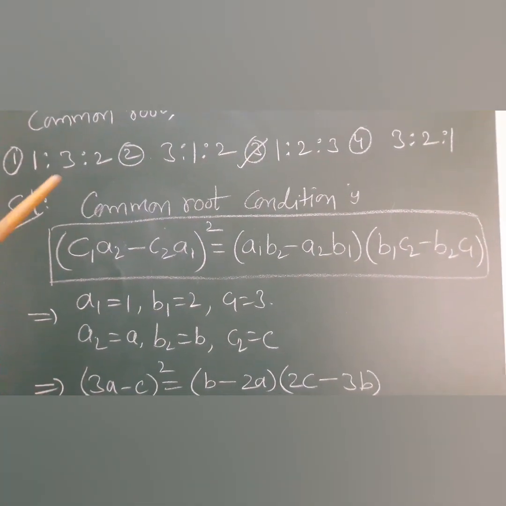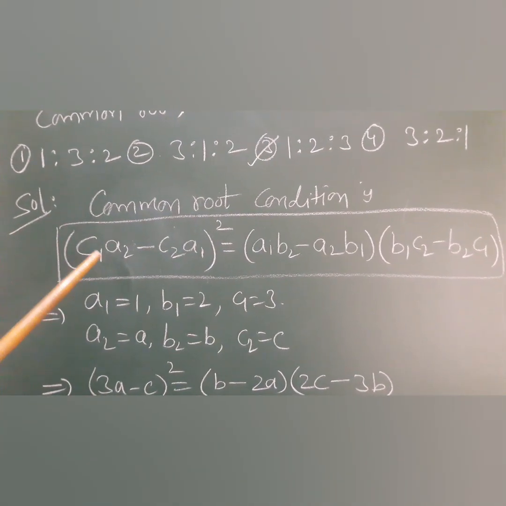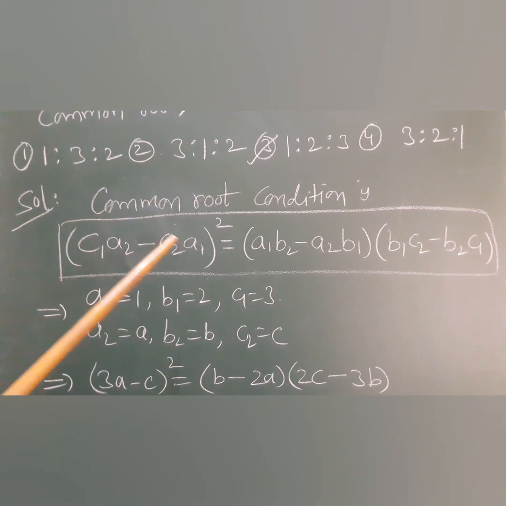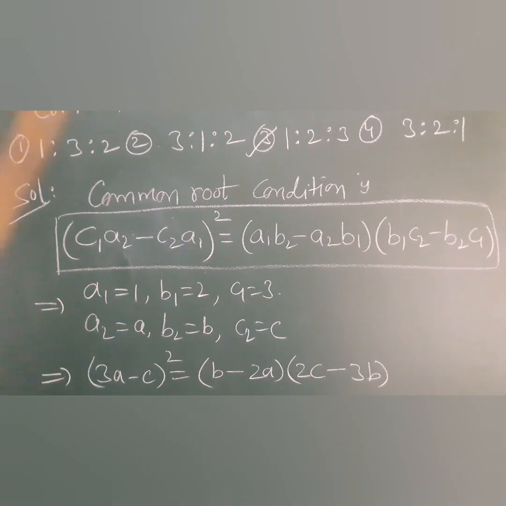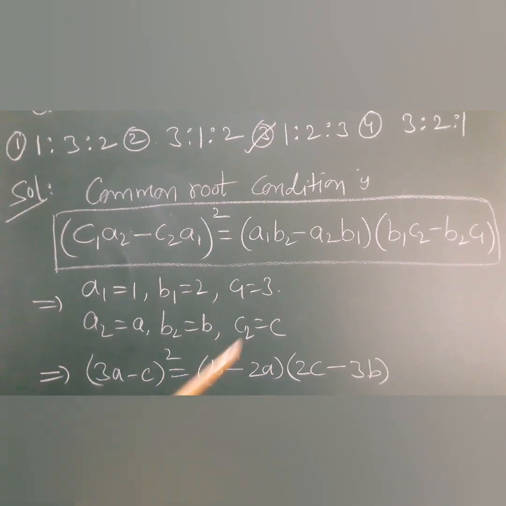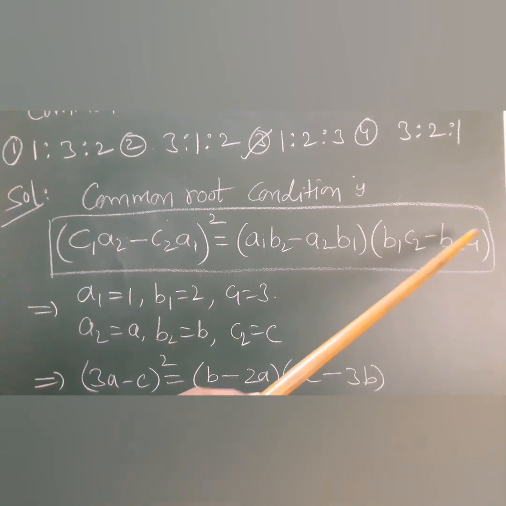Here the common root condition is, we know that already, (c1a2 minus c2a1) whole square is equal to (a1b2 minus a2b1) into (b1c2 minus b2c1).